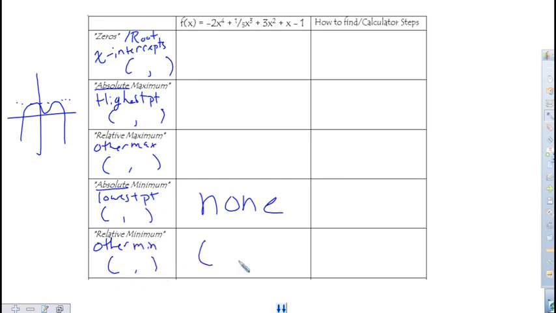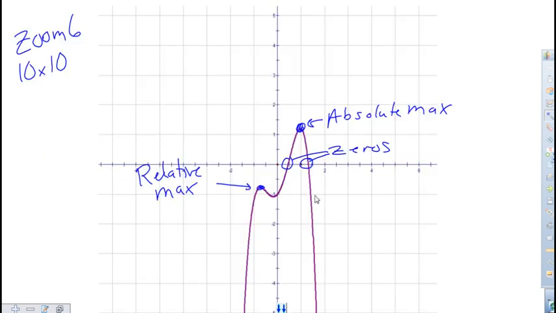So this guy, we know that there's going to be 1. I always like to set everything up ahead of time. I have 1 max here. I have 1 max here. And I'm going to have 2 zeros. And since there's zeros, I automatically know that this value is going to be 0. Okay, so I'm all set up. I have 1, 2, 3, 4, 5 critical points.